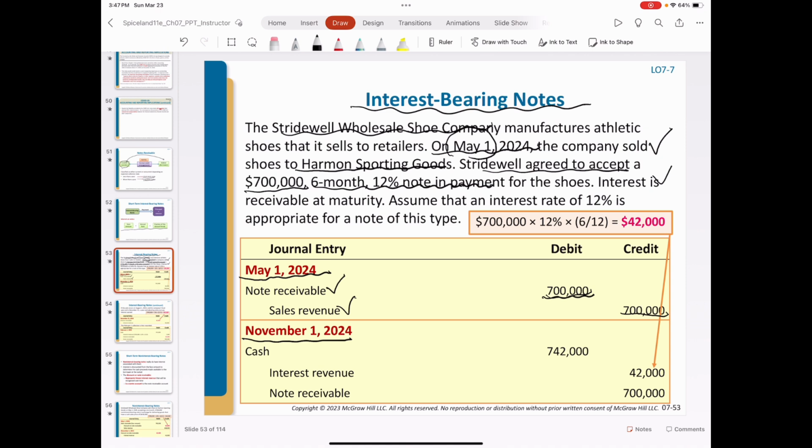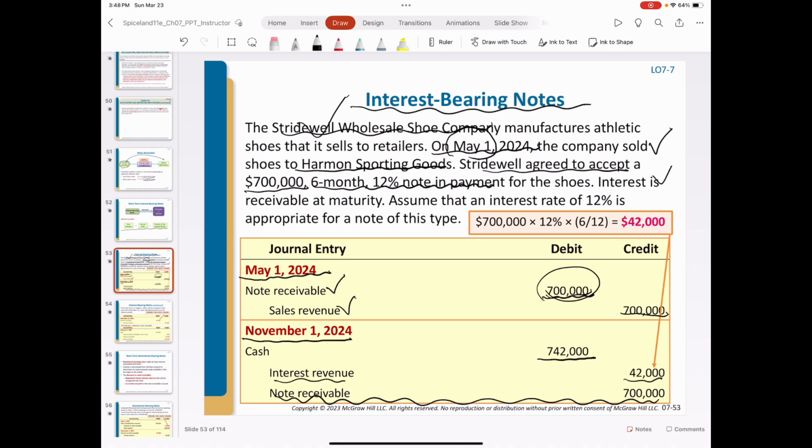After 6 months, this company received the payment of $742,000. Why is it higher? Because it includes the original principal, $700,000, same as this one, plus interest.